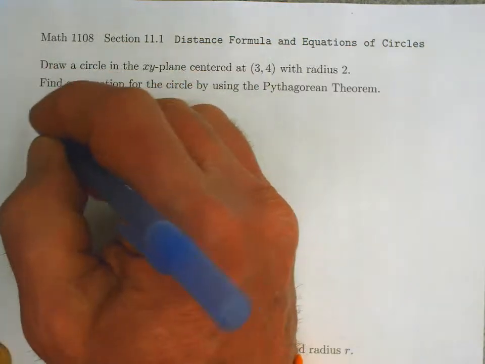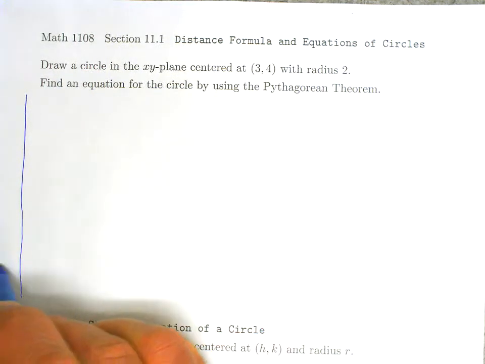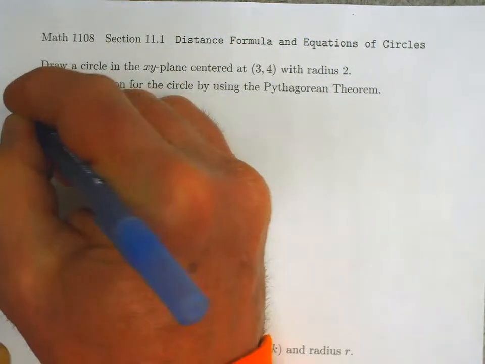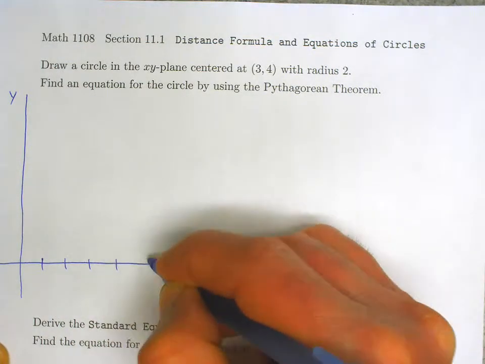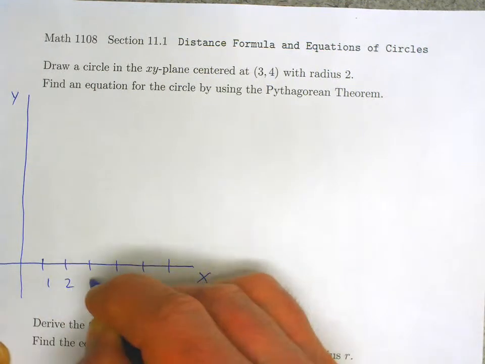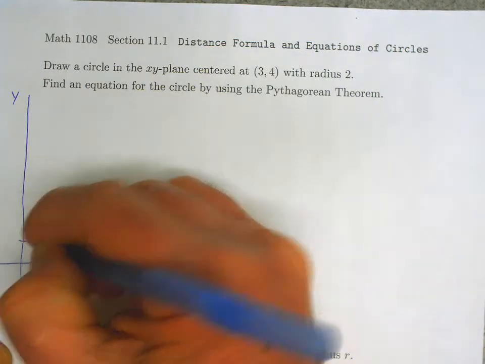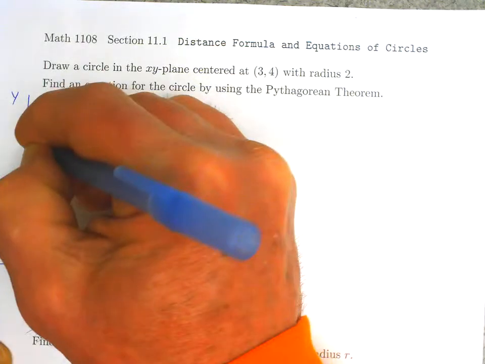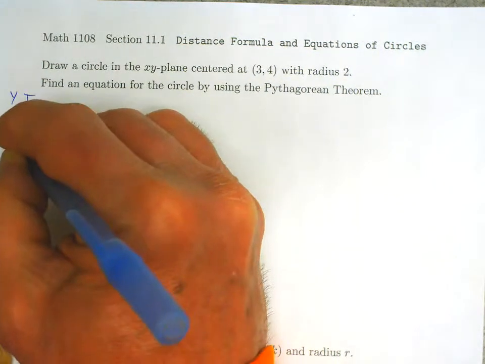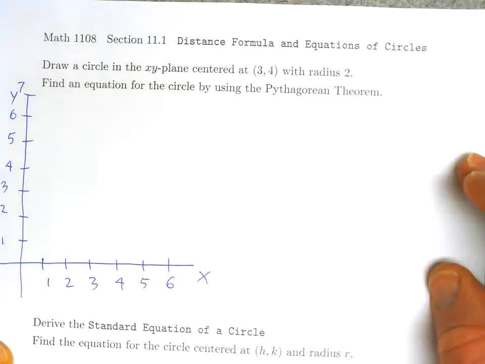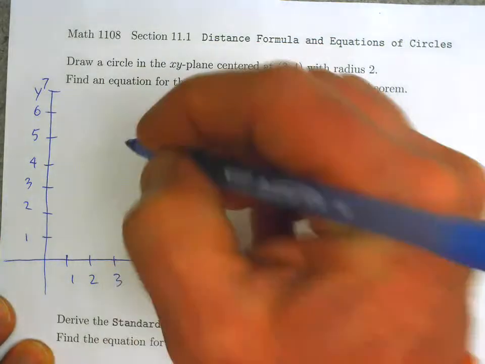Okay, so first, I'll draw a circle in the xy plane. Okay, so the center of the circle is the ordered pair 3, 4.